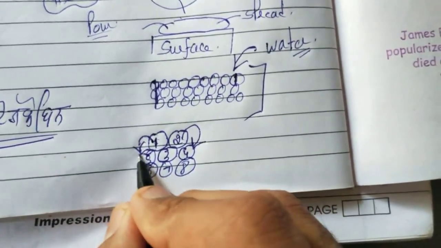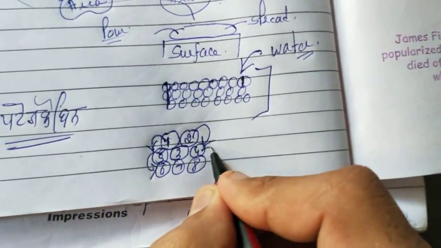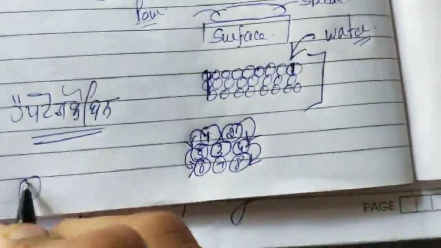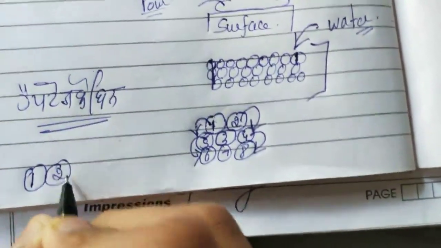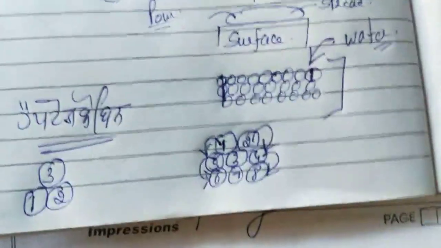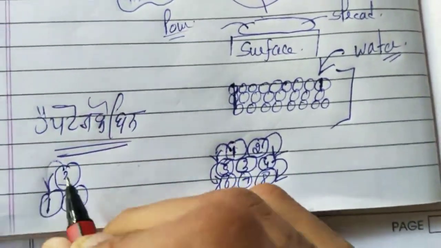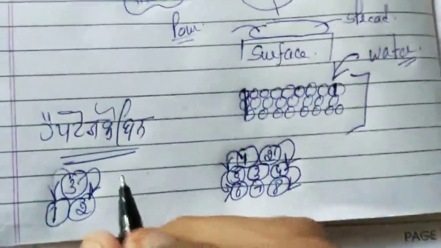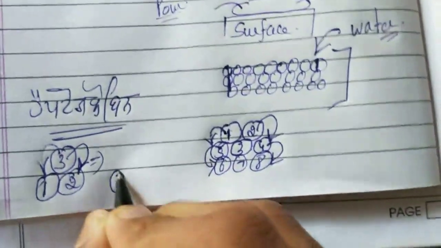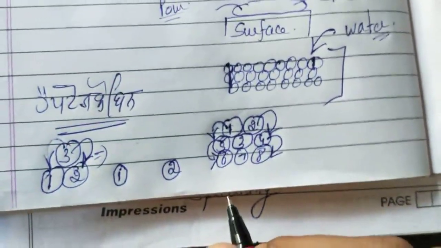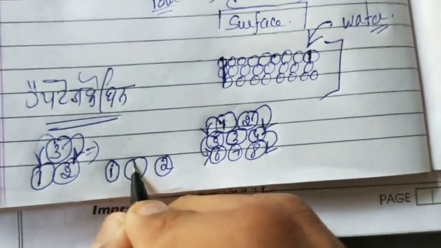And 5 will apply weight on 6 and 4 will apply weight on 8. Suppose there are this many molecules. When you dilute it, number 3 will apply weight on 1 and 2 also. As a result, 1 and 2 will move up to some distance. They will form a space in between them, and 3 will come in between this.